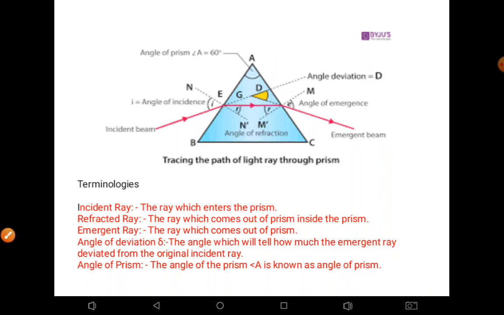Another important term is the angle of deviation. See, if there is no prism, then the incident ray goes straight like this, undeviated.